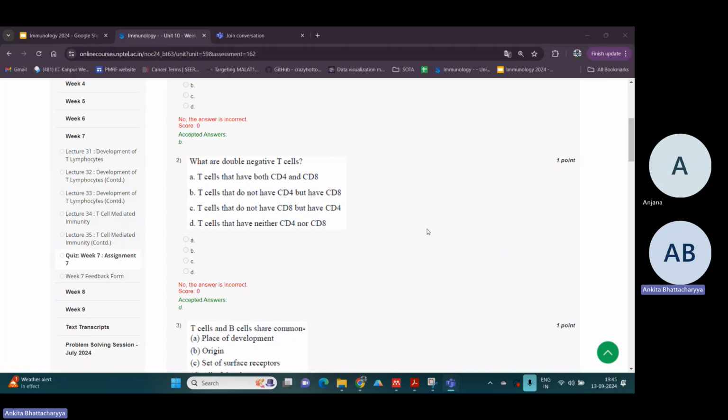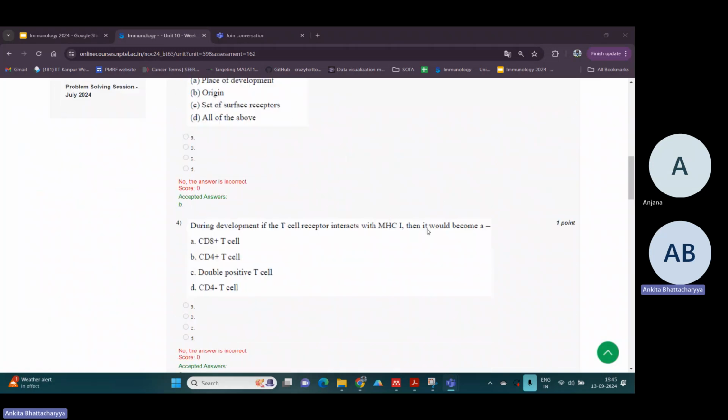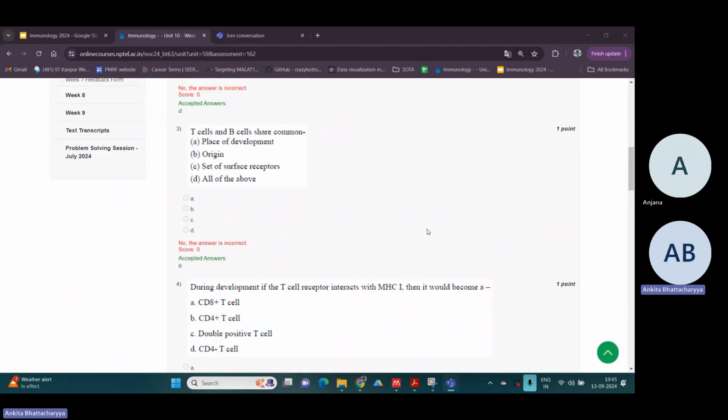Coming to the third question, T cells and B cells share common: A, place of development, B, origin, C, set of surface receptors, or all of the above. While I have not explained it directly, if you have listened to the lectures, you would know the answer. The origin of both types is coming from the thymus. Their maturation occurs at different sites.